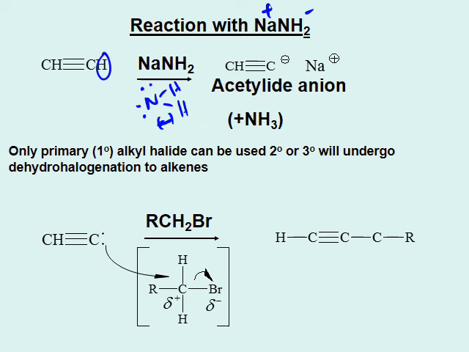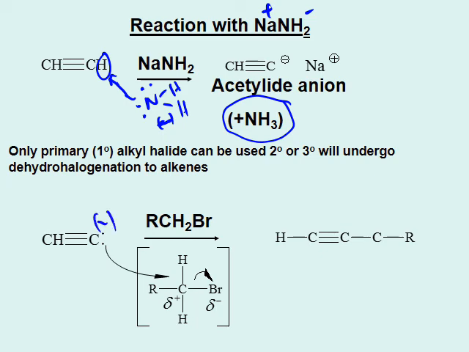So it gets bonded to this hydrogen, and you end up with NH3. And the C triple bond C, since it lost its H plus, becomes minus with a pair of electrons.